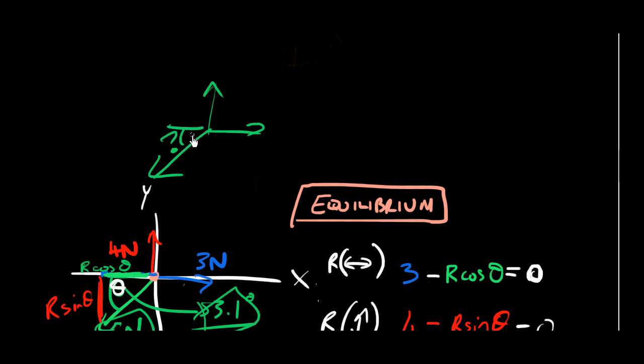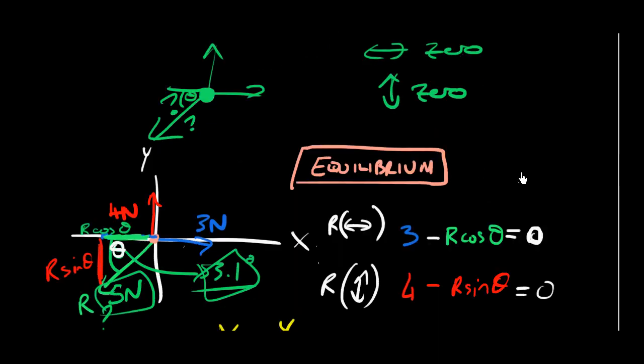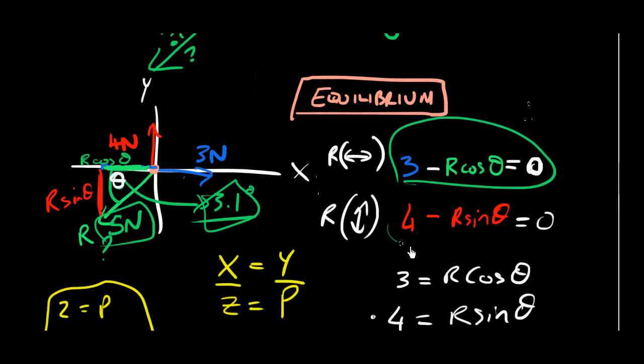We needed to find this angle and also the magnitude of that, and we were told that this was in equilibrium, otherwise it would be impossible. So if it's in equilibrium, then we knew that the movement in this direction was 0 and in that direction was 0 also. So we did equations for those two being 0, which were these two, and then we looked at them and we said, okay, how are we best going to solve them?